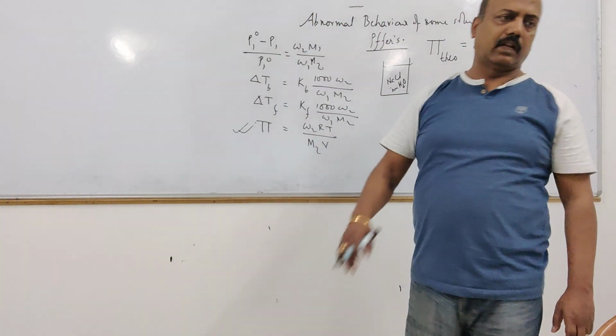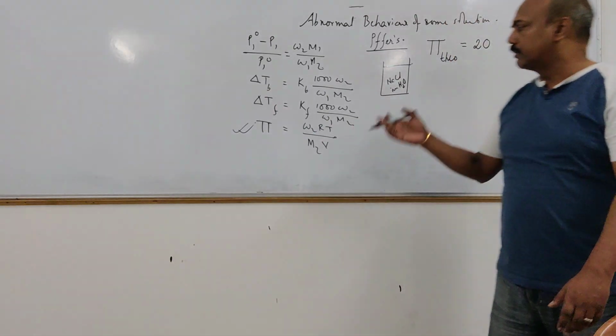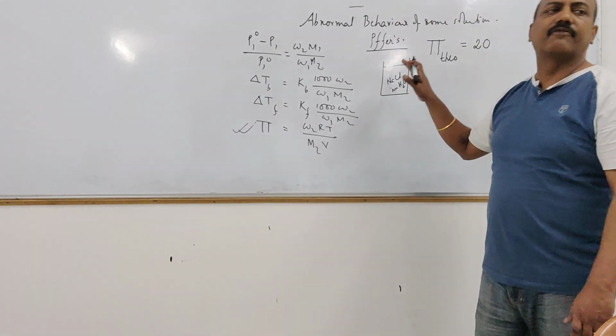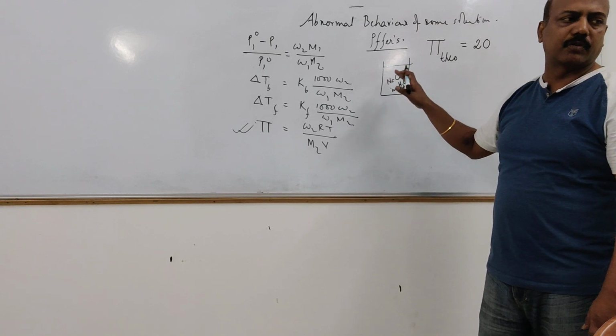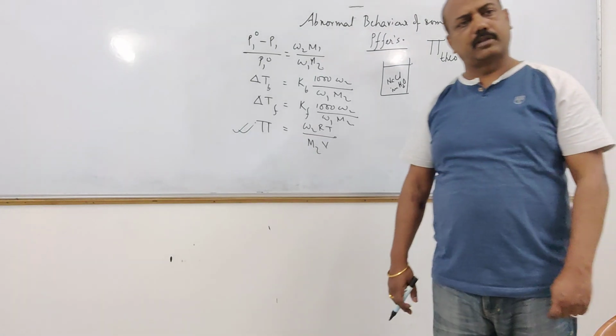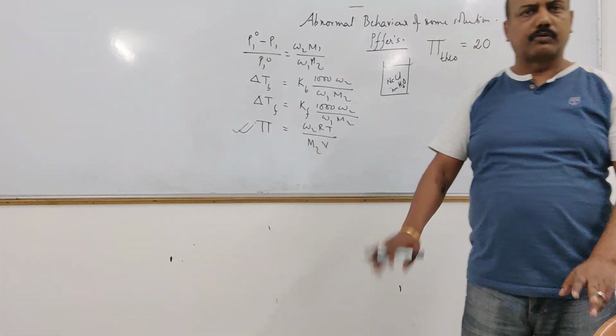Now I told you, do one thing. You take this solution or make this solution in laboratory and find out the osmotic pressure value of it by using the instrument. You went to the lab, you know how to do it.